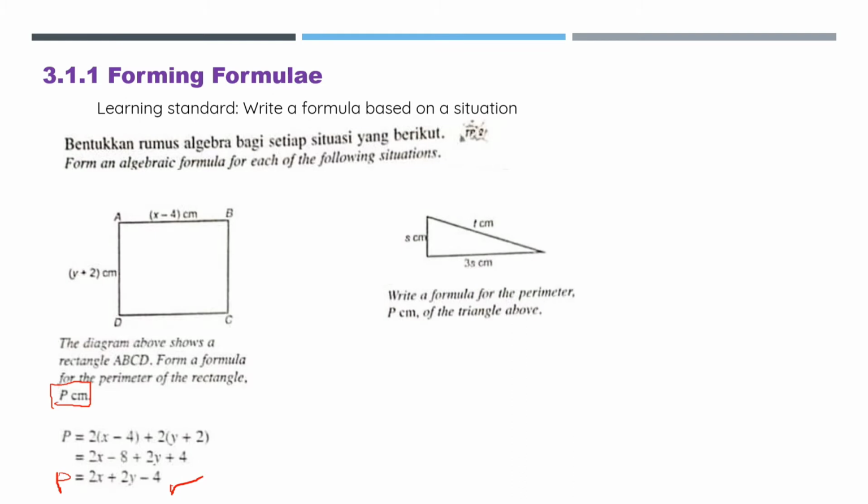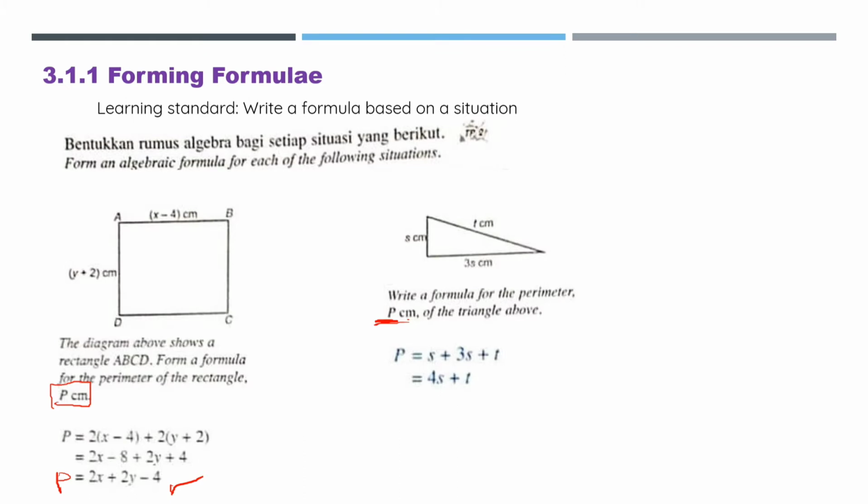Let's look at another diagram. Now we need to form a formula according to this diagram. Write a formula for the perimeter, P cm. Again, the subject is P of the triangle above.